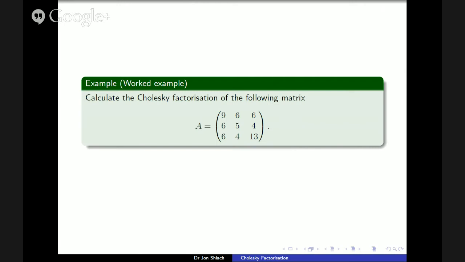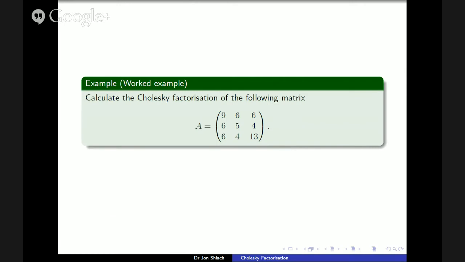Okay, last one. Third row, third column is 13. So this time it's going to be L31 squared plus L32 squared plus L33 squared. When you've got elements on the main diagonal, you'll have something squared plus something squared, etc. L31 was 2, so that's going to be 4.